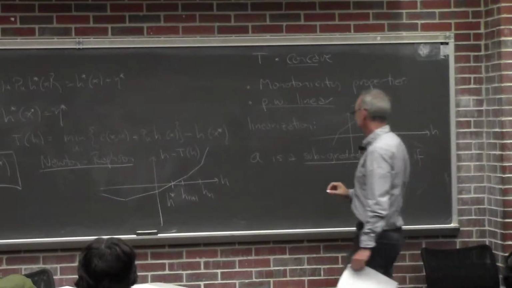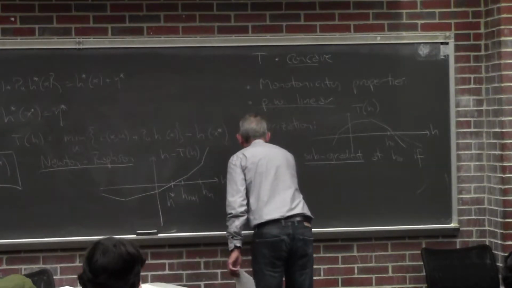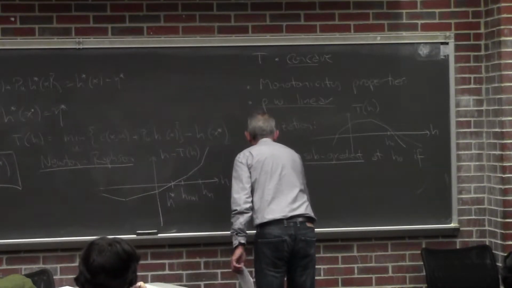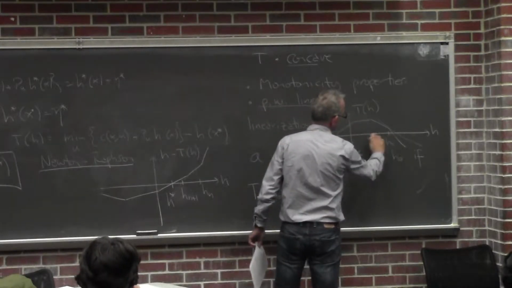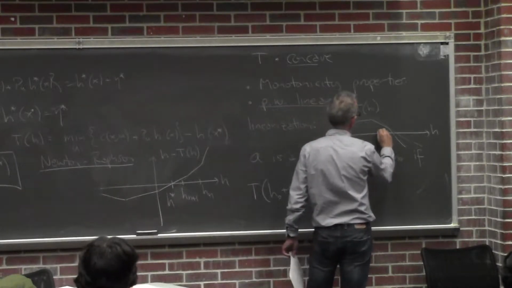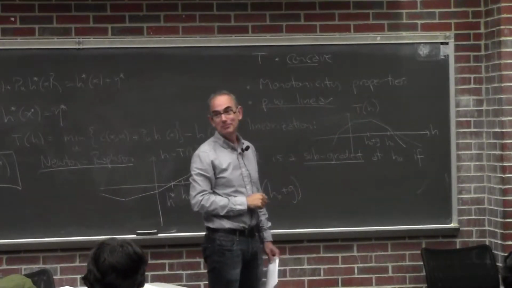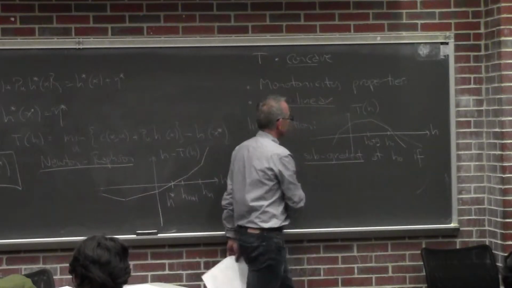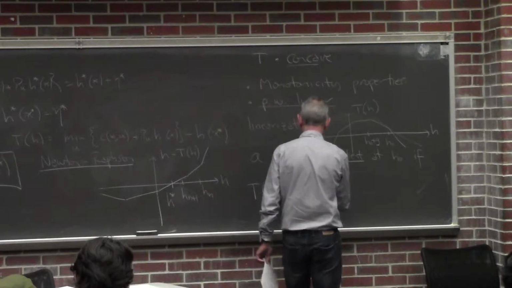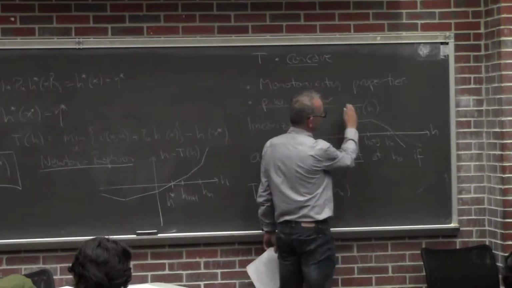How do you say that? I define a linear function such that T of h naught plus g, so there's h naught, there's h naught plus g. The value there is less than or equal to the linear function.